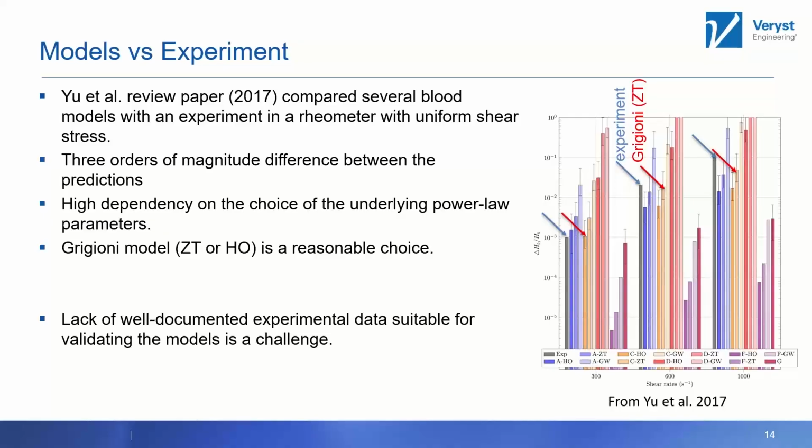So the lack of well-documented experimental data suitable for validating the models is a challenge in this field. Among the models, one is doing a relatively good job. This is a model proposed by Grigioni, which I will discuss in the next slide. And I use that model to quantify blood damage in the nozzle.